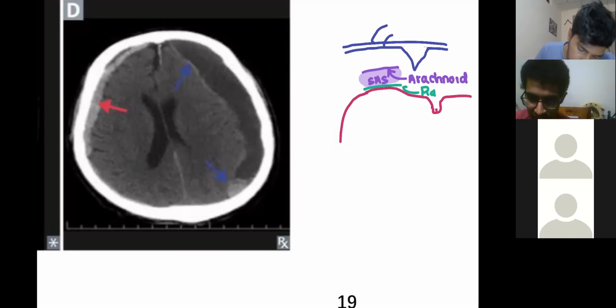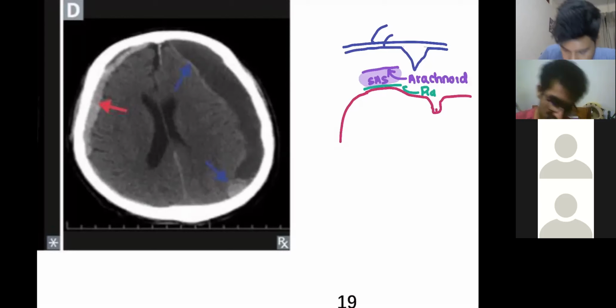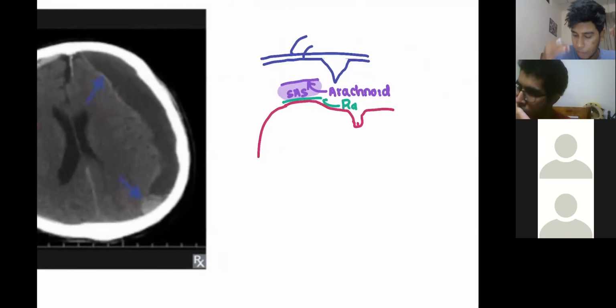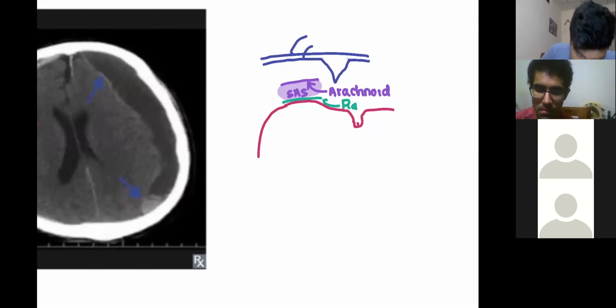Now, I told you, the arterial blood supply of the brain is floating around in the subarachnoid space. But the venous plexus must travel to the subdural area.